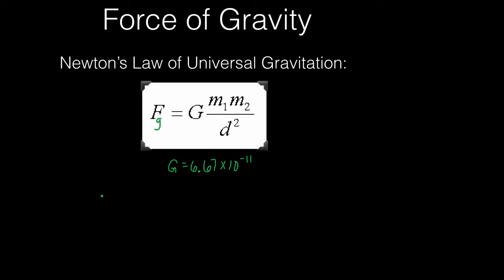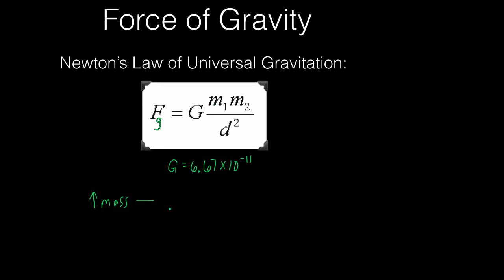Another thing that I wanted to go over with this equation that you should recognize is that as mass increases, what happens to the force of gravity? So if this number right here was to get bigger, what would happen to the force of gravity? Well, it would go up.